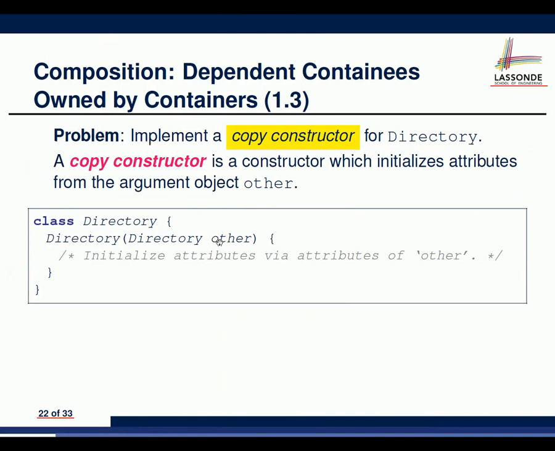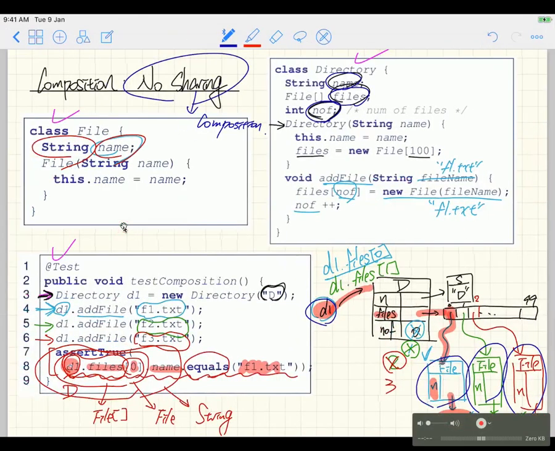Since other is of the same type as directory, we can say other.name. We can also say other.files. We can also say other.nof. We're going to copy all these 3 attributes into the current object. That's why it's called a copy constructor. We simply copy the values from the other object in order to initialize all the attribute values for the current object. Is it clear? Okay. We're going to see how we do it.